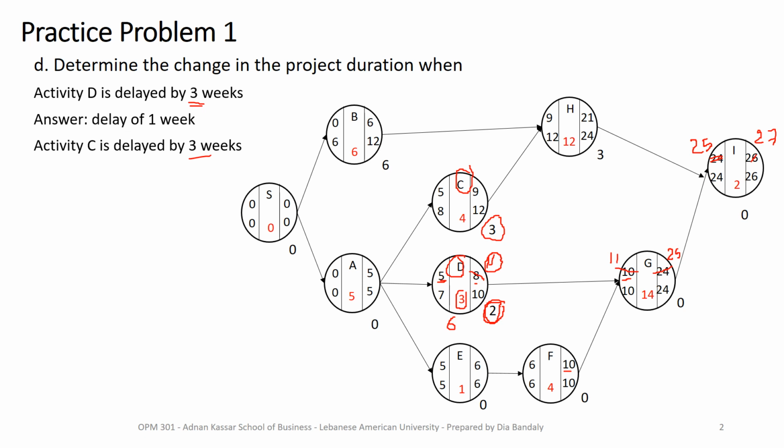So 5, but instead of taking 4 weeks, it's delayed by 3 weeks, so it will take 7 weeks. So 5 plus 7, that's 12, which means this becomes 12, which means this becomes 24, right?